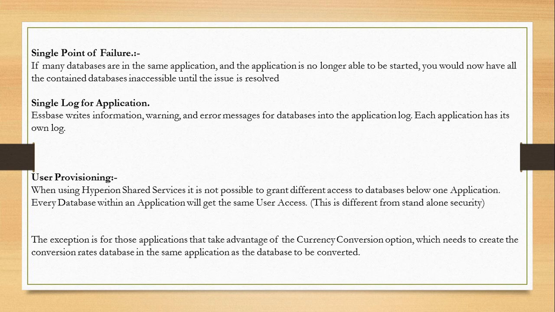The next is single log for application. We know that Essbase writes information, warning and other error messages for databases into the application log. Each application has its own log. So if my application has multiple databases, my application log will contain the information, warning and error messages mixed up for all the three databases, or whatever number of databases I have in the application.